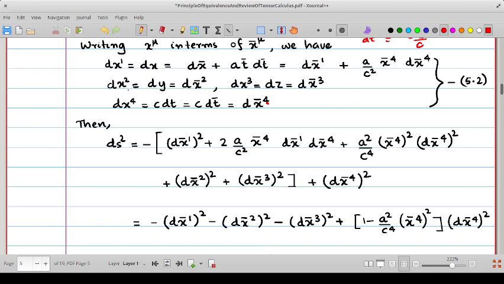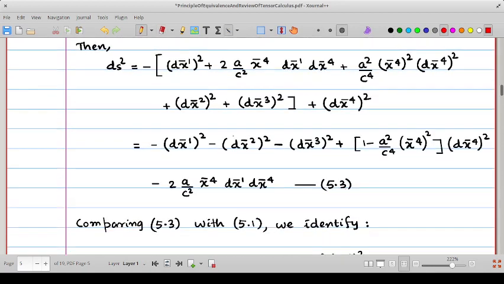Then minus dy square minus dz square, which is nothing but dx bar 2 square plus dx bar 3 square, plus dx bar 4 square. But dx 4 is simply given by dx bar 4. So that is this.